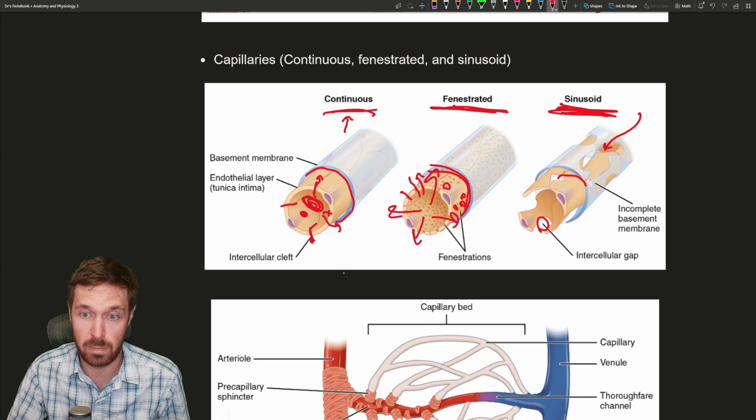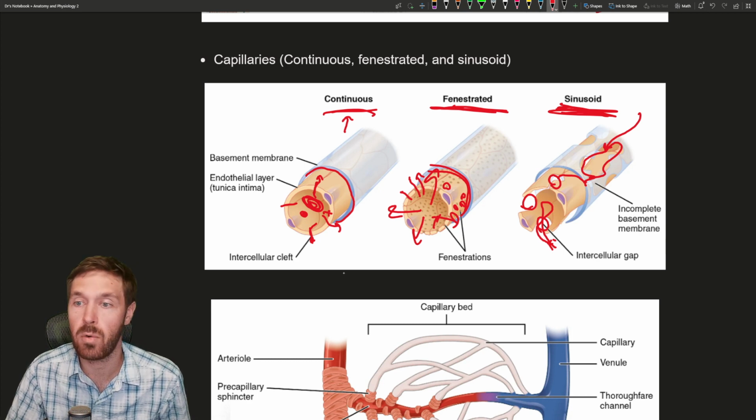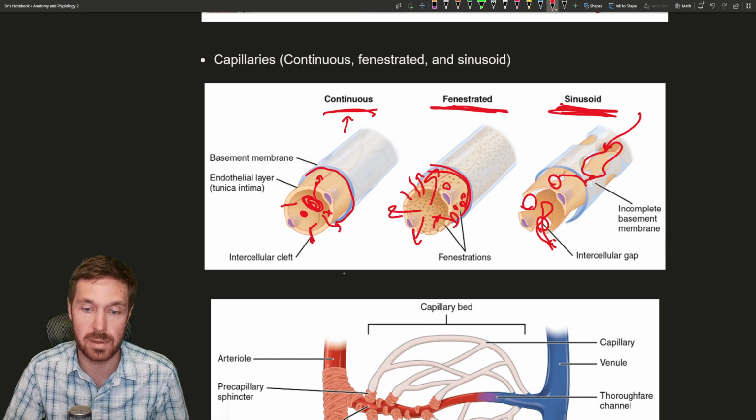So here, the gaps between the cells become massive, the fenestrations become even larger, and the basement membrane is even incomplete. So pretty much very, very slow movement going through this. And so macrophages can reach in, grab items, and rip them out and destroy them. So a lot of places where blood is either made or processed is where we find these sinusoids.